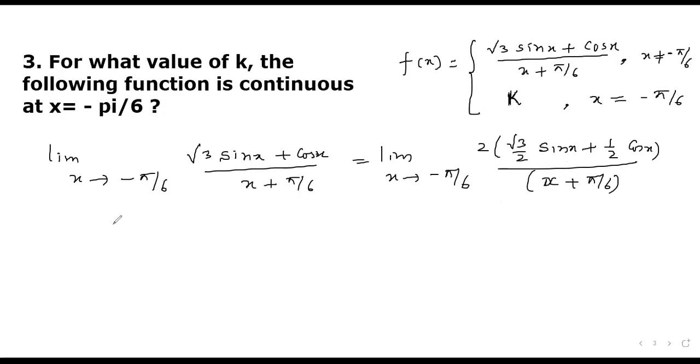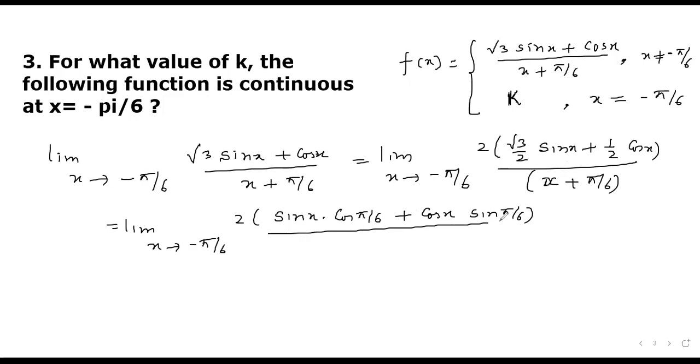Now we can write it as limit x tends to minus pi by 6 of twice, sine x cos pi by 6 plus cos x into sine pi by 6, whole divided by x plus pi by 6.